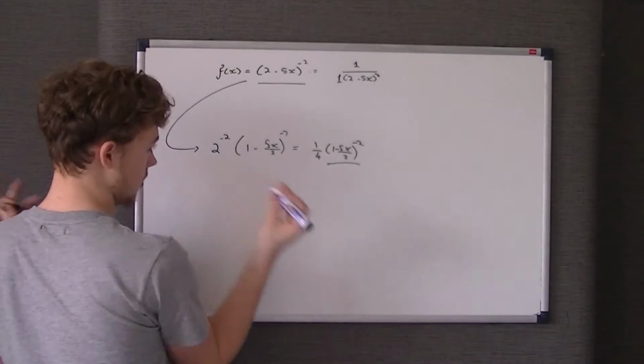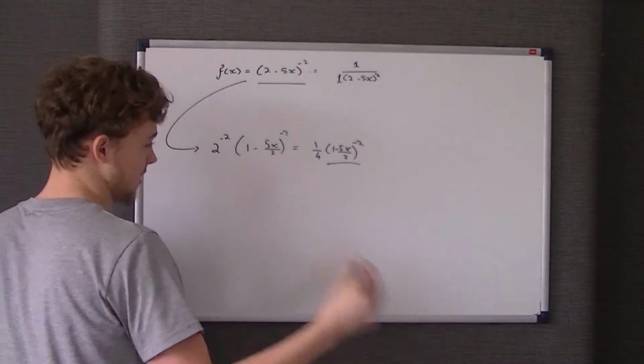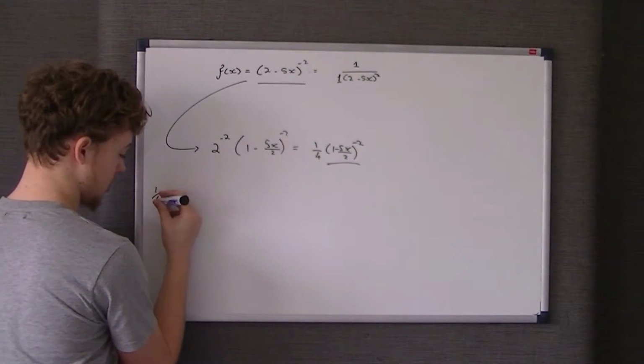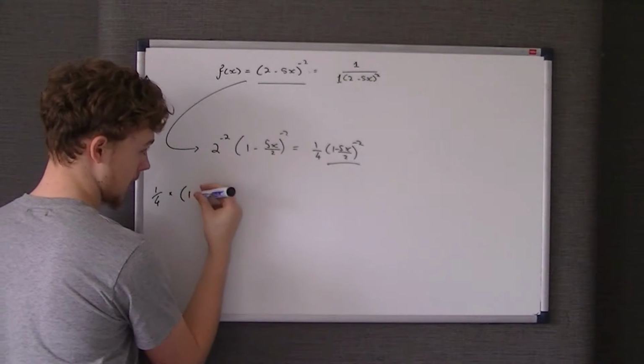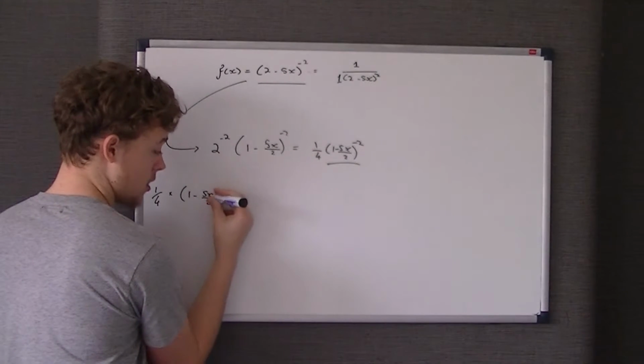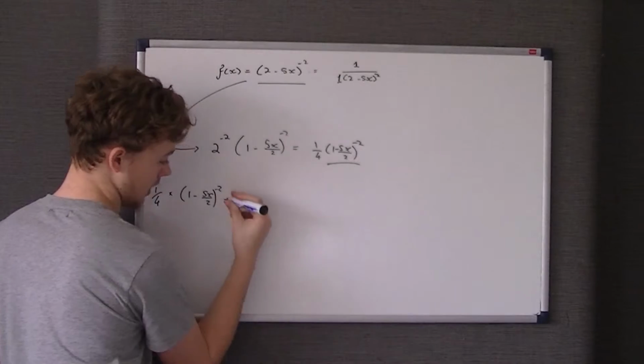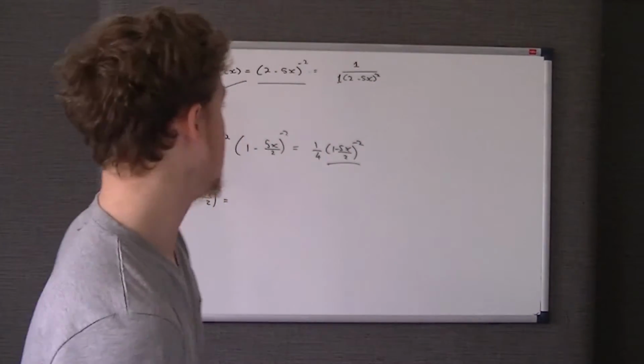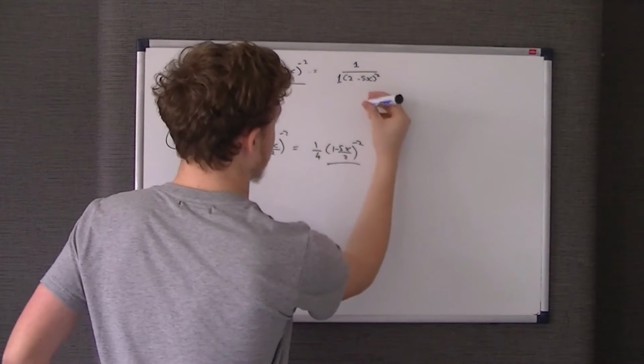As I said, the maths is the same, but you can make it look slightly different. So it's 1/4 times 1 take 5x over 2 all to the power of -2, okay? And I think the formula is in the back of the book, but it's always nice to state it somewhere in your work.